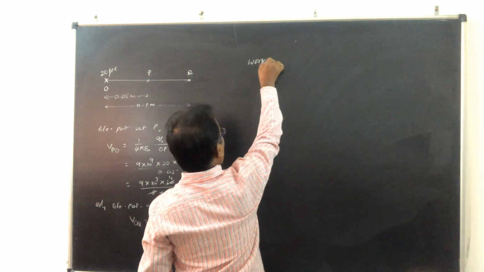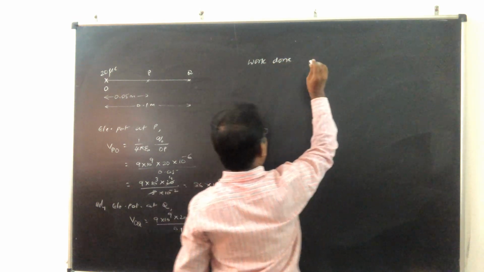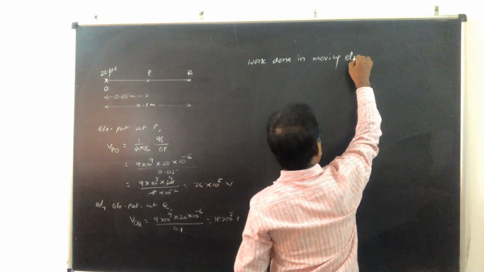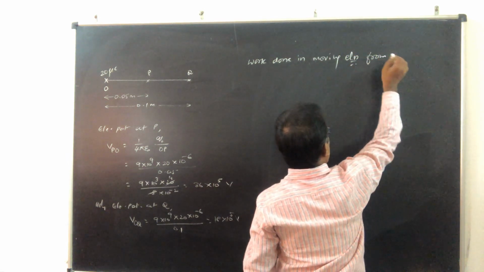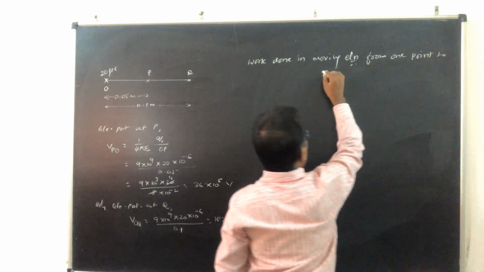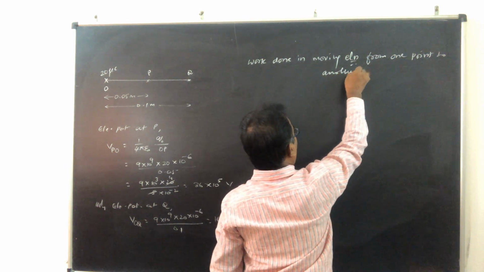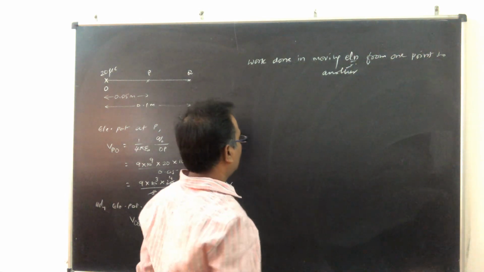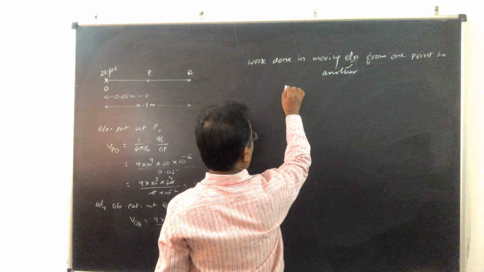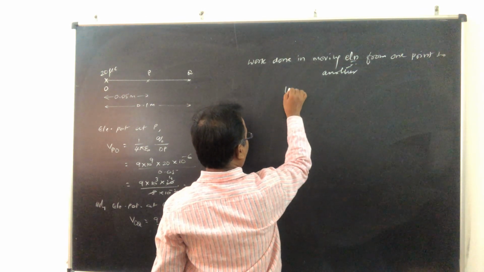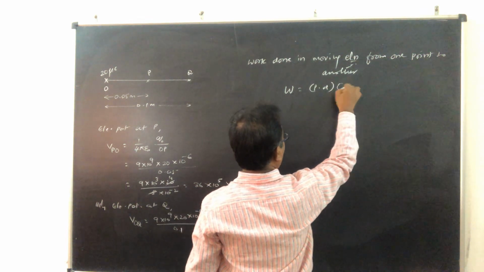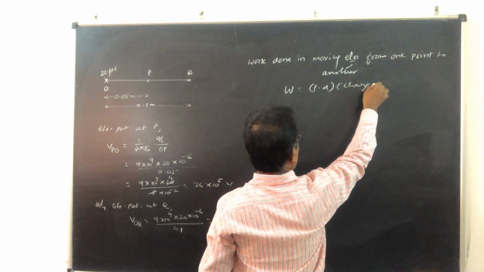So work done in moving an electron from one point to another, W is equal to potential difference into charge.